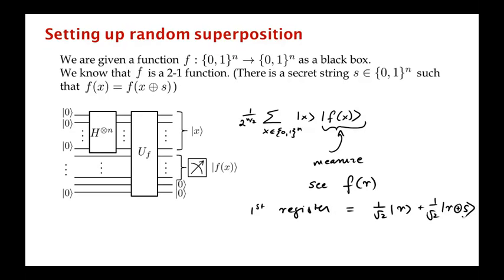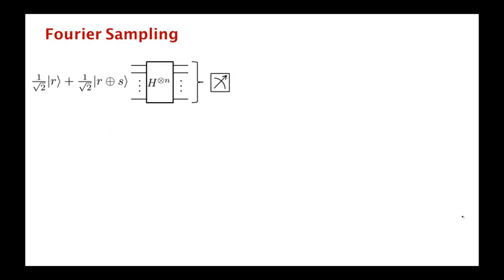This is what we wanted. Now that we have this state, we are going to do Fourier sampling on it, and we want to understand what the output looks like.